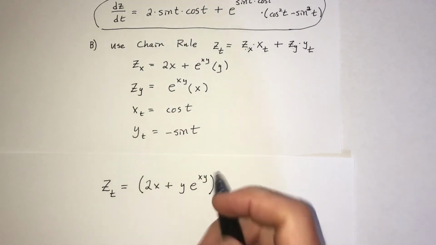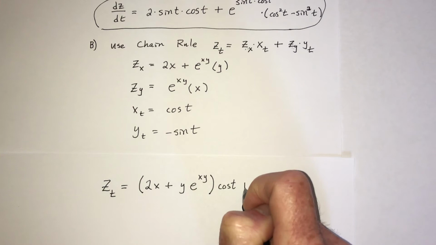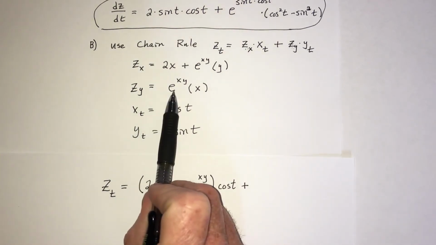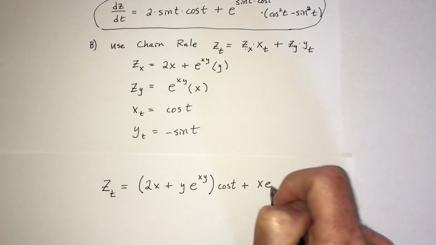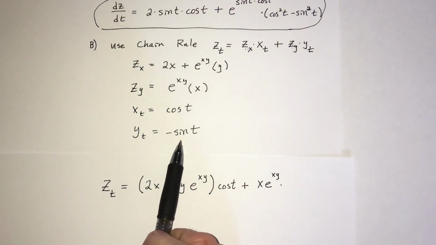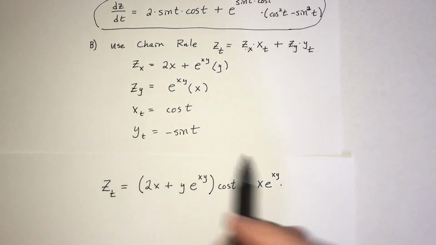So that needs to be multiplied with cosine of t. Plus, we need the derivative with respect to y, so that's this function. I'm just going to move that x in front. And then that gets multiplied with the derivative of y with respect to t.